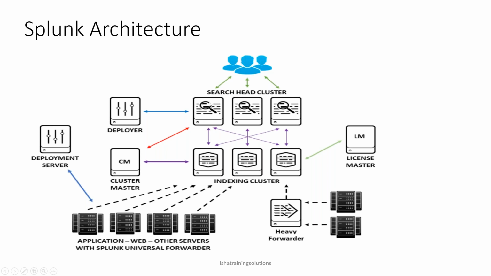There is one component called the search head, which will fetch the data from the indexer and show it to you. The license manager is for applying the licenses, and the deployer is used for applying the licenses in the search head. I have explained everything in the last class.